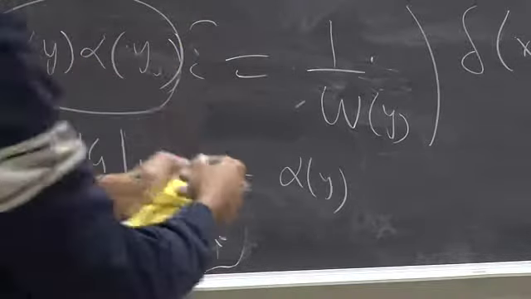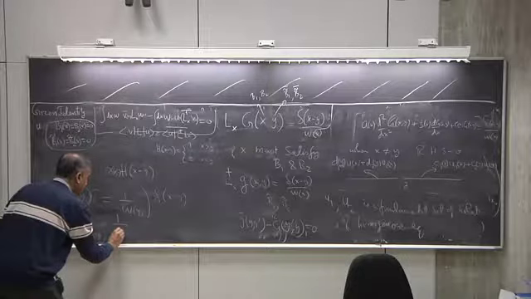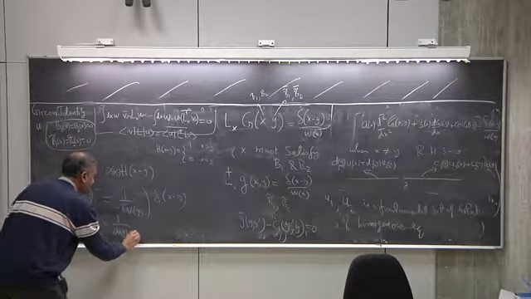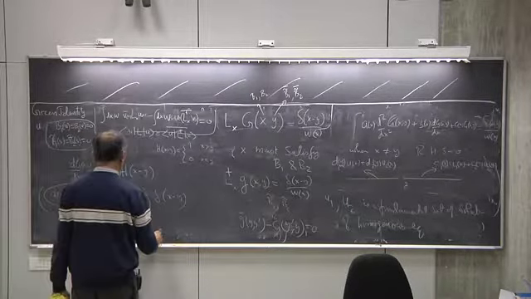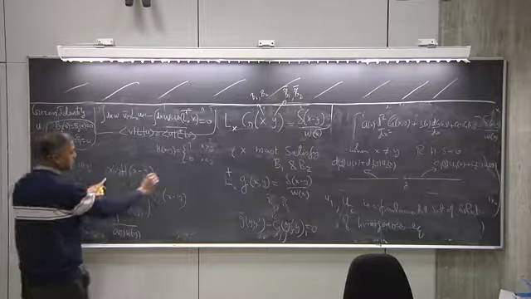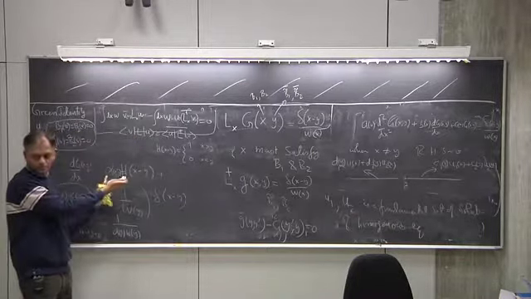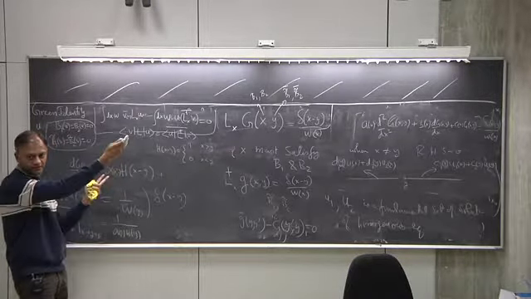But alpha y we said is simply 1 over a w, a at y, w at y. On the other hand, dg by dx is not just that. There are also other pieces. This is the piece which gives you the discontinuity, which gives you the delta function, right?